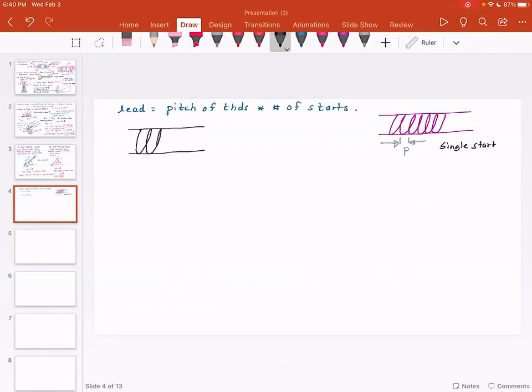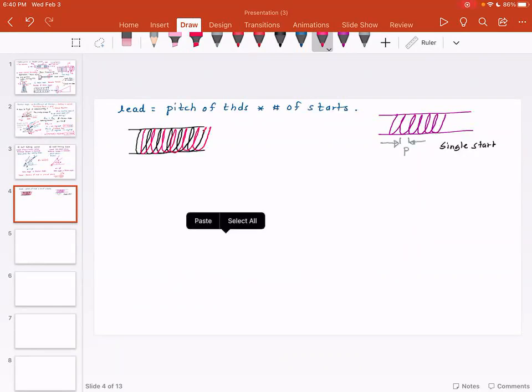And it's difficult to draw them. So what I would recommend is you just take a picture online on the web that will show you how those threads are. So basically you're going to have two threads running parallel.